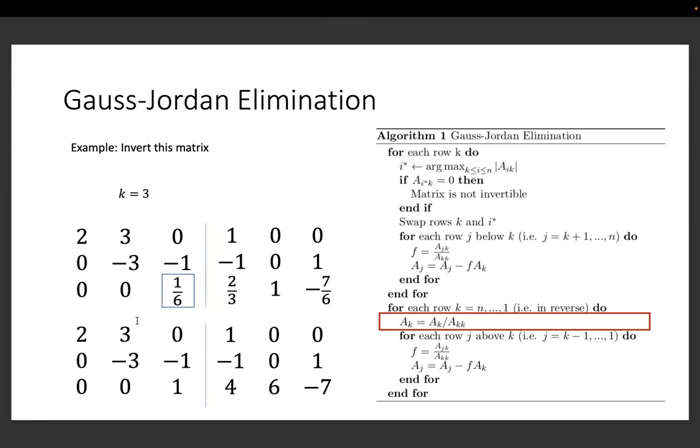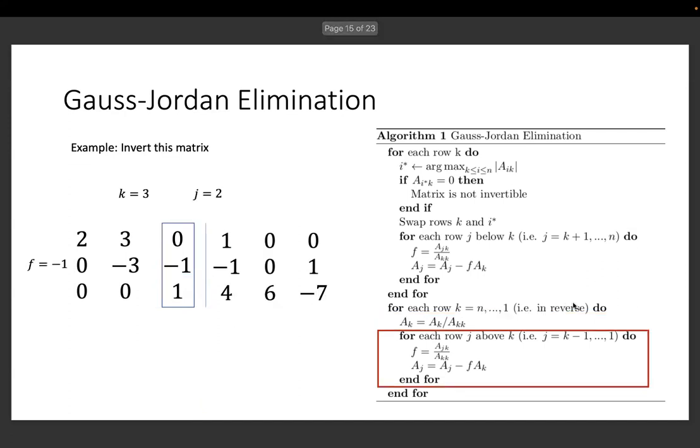So as you can see, we divide all elements that we have here by 1 divided by 6.